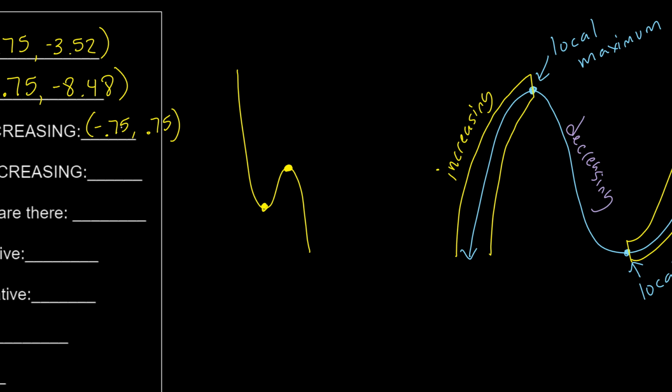So I'm not actually increasing at negative 0.75, so I put a parenthesis because I'm not increasing there. If this function had started at this point and increased like this, then I would put a bracket because I am increasing at that point. It's not a change of direction. Does that make sense? Okay, good.